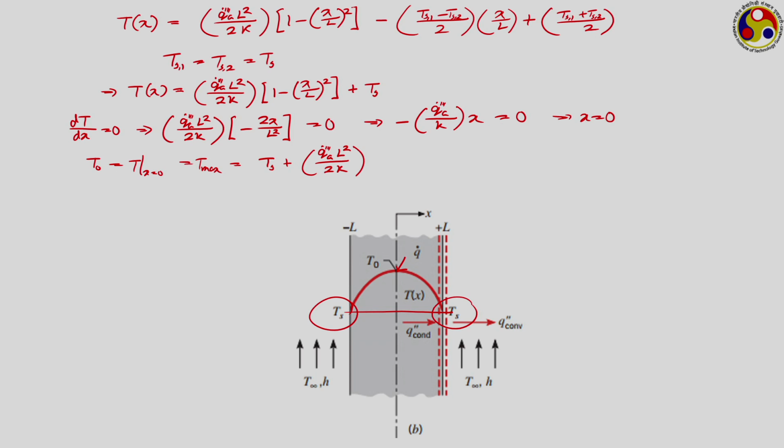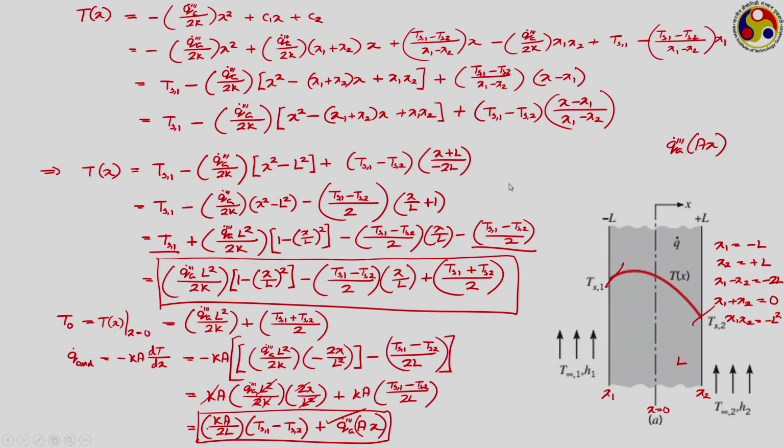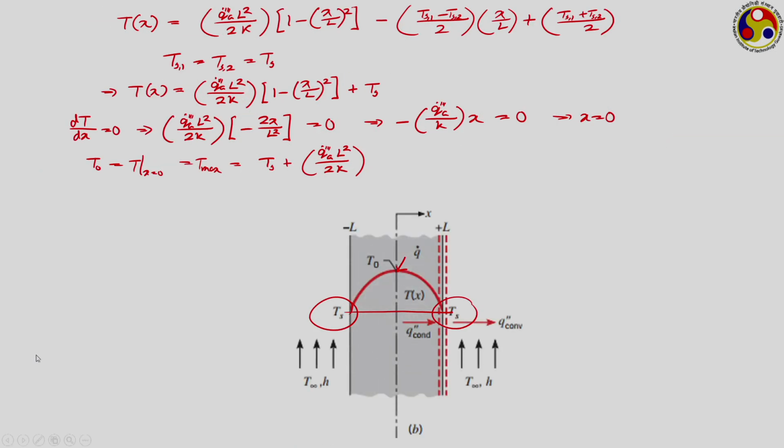Now, what about the rate of heat transfer? In the previous case, we developed the rate of heat conduction like this. Let us try to develop the expression for rate of heat conduction in this situation as well. So, here q dot conduction will be again equal to minus k A dT dx following Fourier's law of heat conduction.